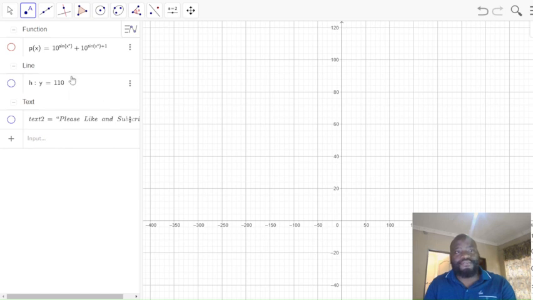So it's as if we are going to look for points of intersection for these two equations. Where they meet, the two points where they meet, the x values of those coordinates are the answers to the equation that we just solved. So this will prove that what we did there is correct and we didn't miss anything.